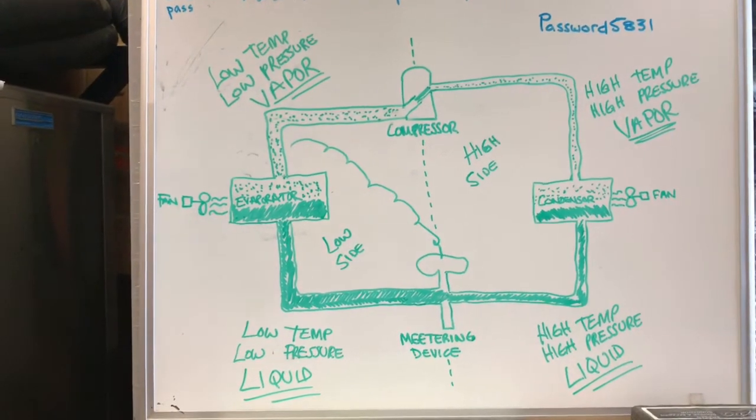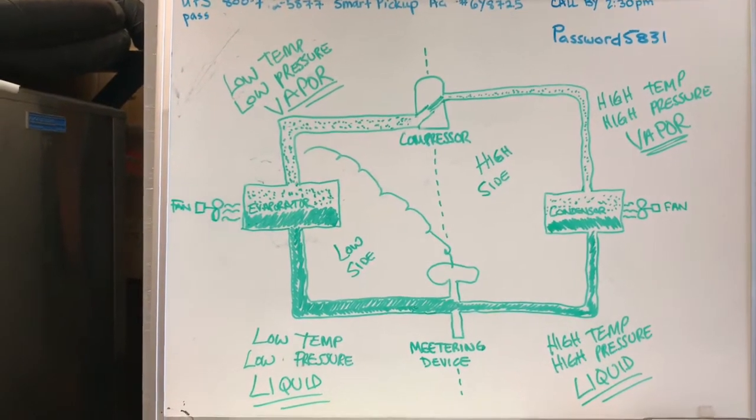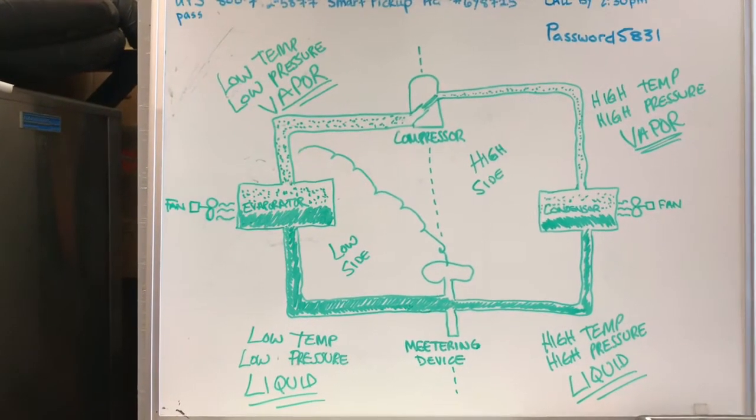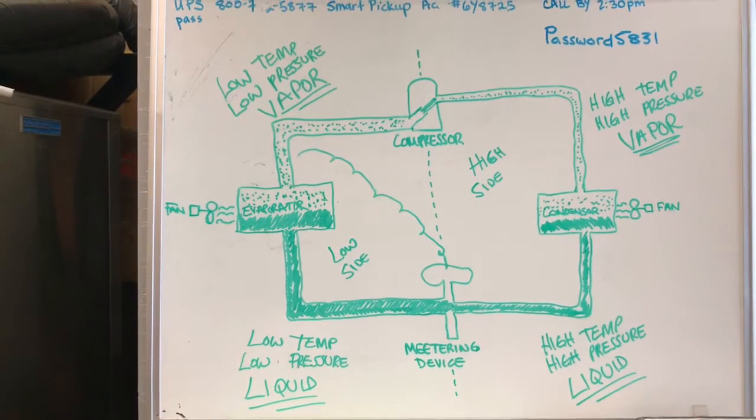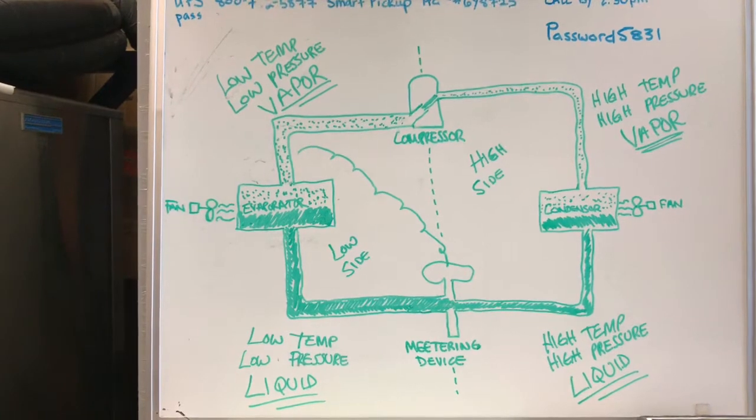So when that vapor refrigerant comes out of the compressor, it's a high temperature, high pressure vapor, which you can see written there on the right hand side. So that vapor refrigerant makes its way down to the next part, which is your condenser.